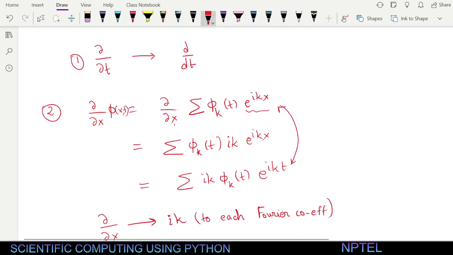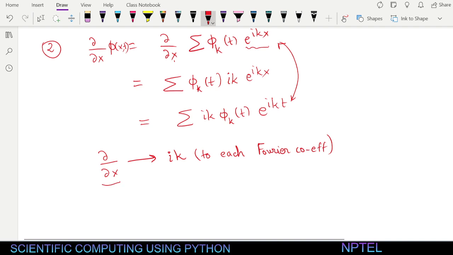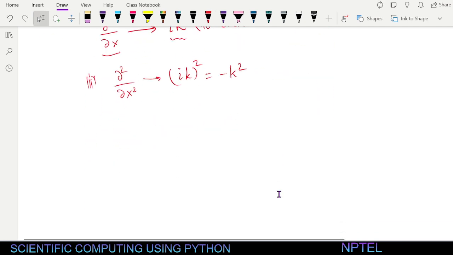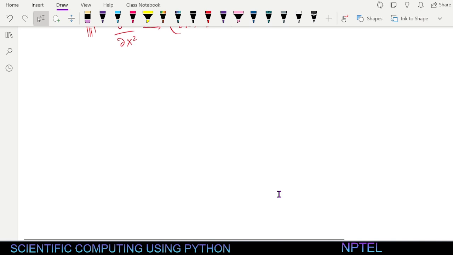First of all, you get rid of this partial derivative with respect to time, it becomes full derivative, and this partial with respect to x just vanishes, and instead you get one factor. Similarly, if you have double derivative, then you get ik square, which is just minus k square. So this makes our life very easy, and that's the reason why we do this spectral methods.